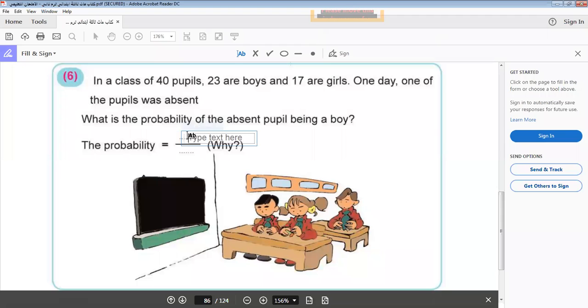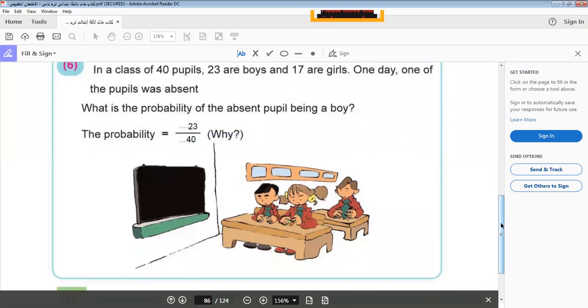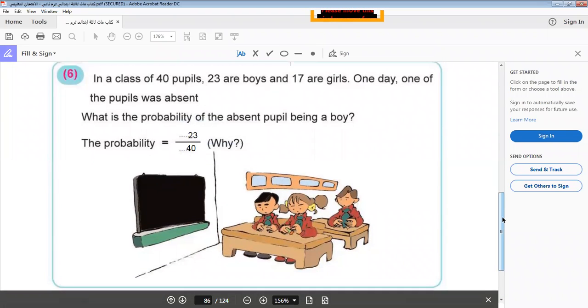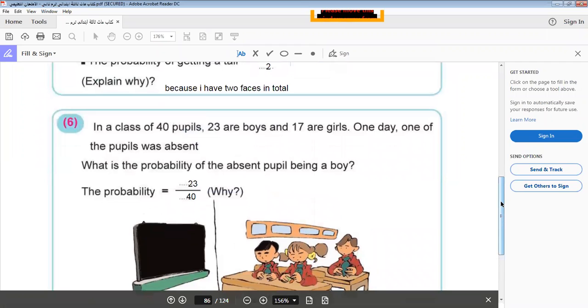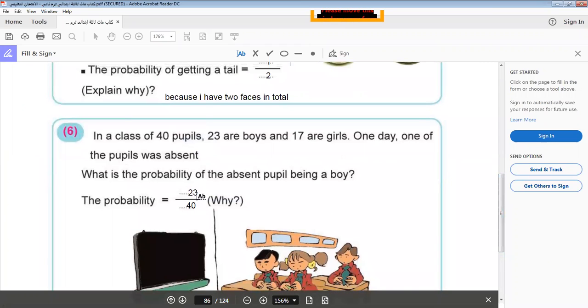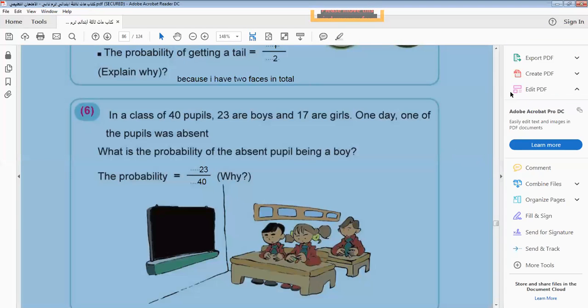So I will write 23 out of the total. The total is 40, because you have 23 out of the total, which is 40 pupils. And you don't have any simplifying here. So that is the answer.